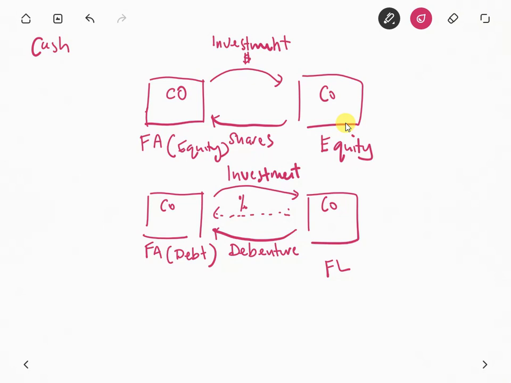When I invest in the company share, back to this example, do I have a contractual right to receive cash from this company? You invest in Maxis shares. Do you have any contractual right to receive any cash from Maxis? Every year you receive something? Yes, no?